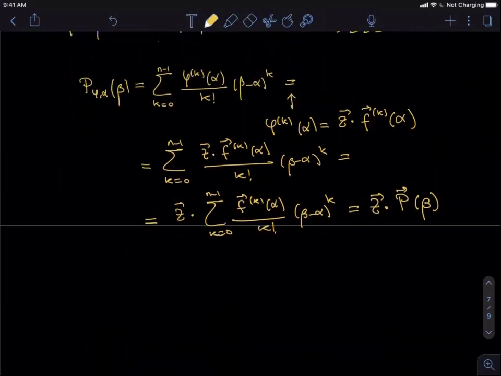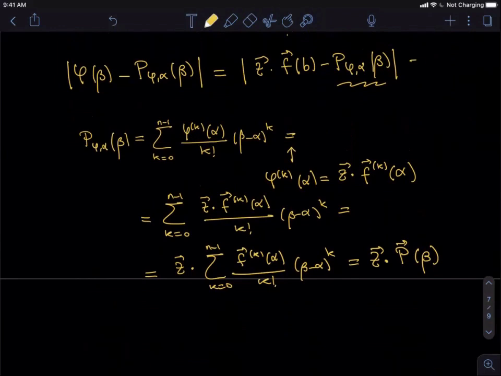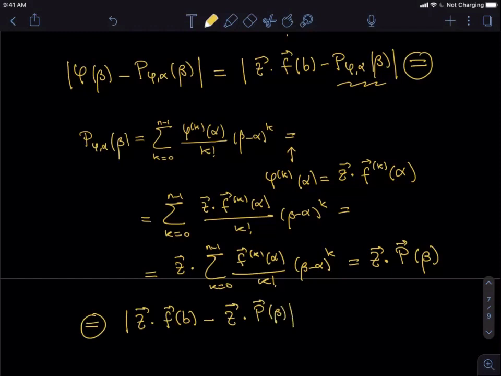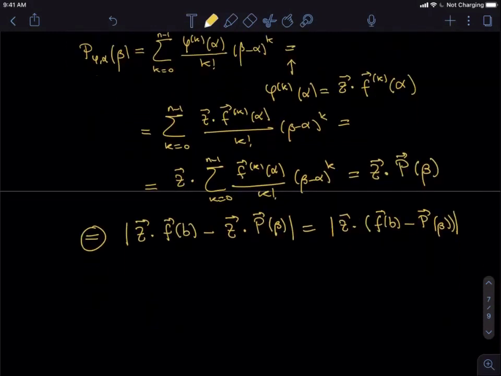All right, so with this information, now we can do much better. So this is z times f(b) minus, and now I write down what I got, z times p at beta. Factor out the z, and notice that this is the definition of z.